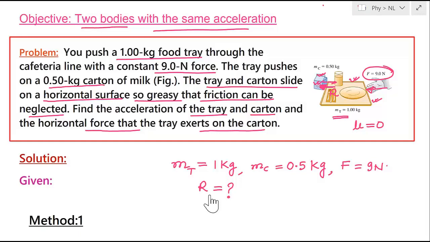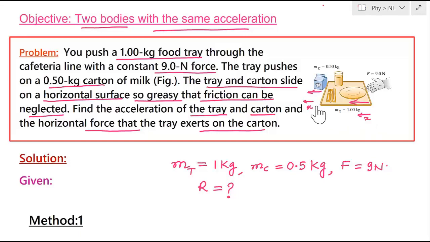We also have to find the acceleration of the tray and carton. Now see, the carton and this tray both will have the same acceleration. Try to see this. If you are trying to push this tray, this milk carton and tray will move with the same amount. If this moves by x amount, this will also move by x amount.